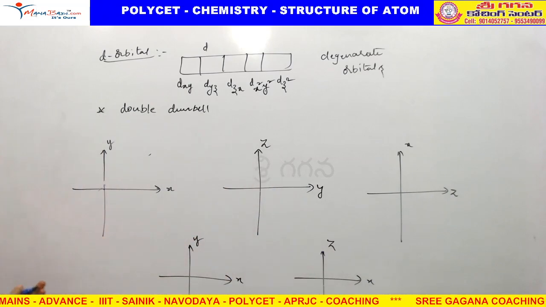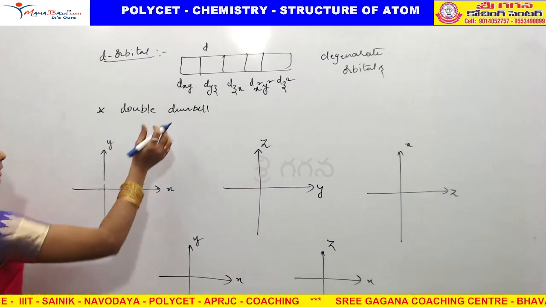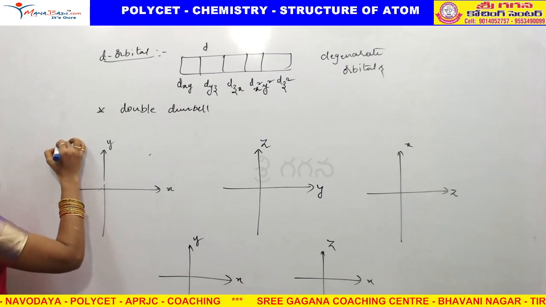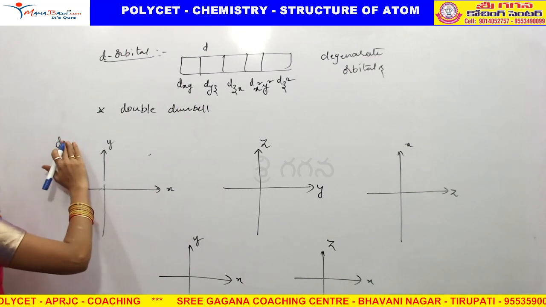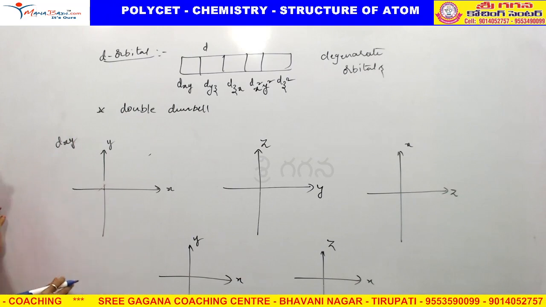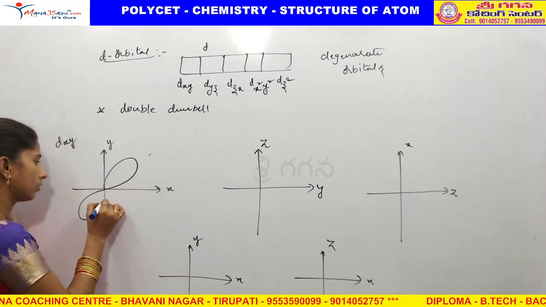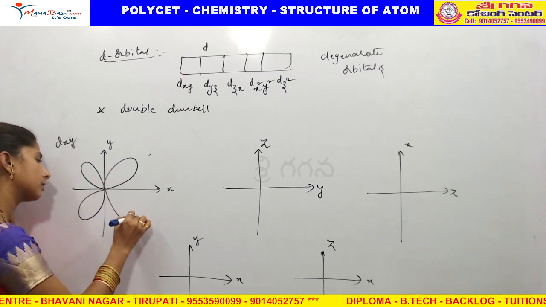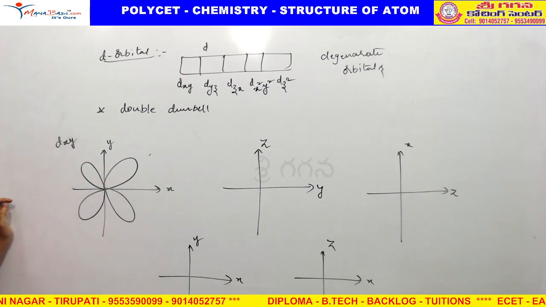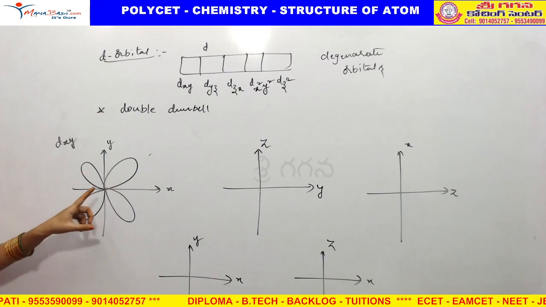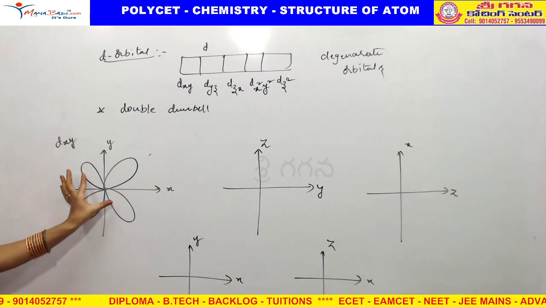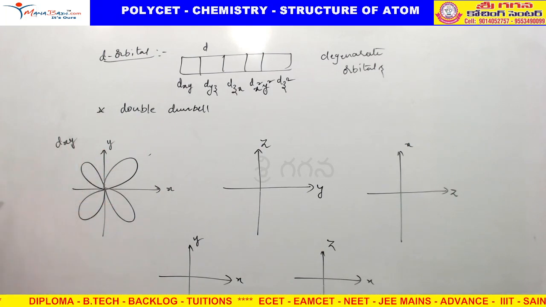Now dxy: 2 dumbbells are there between the x-axis and y-axis.